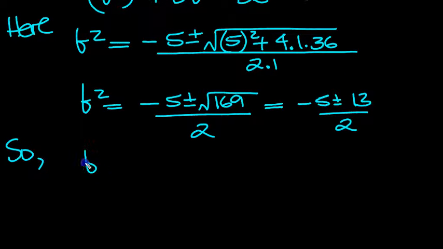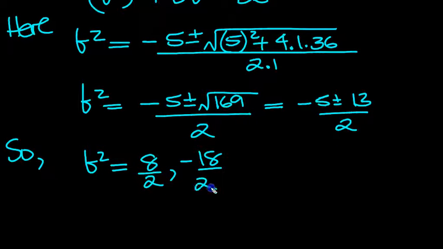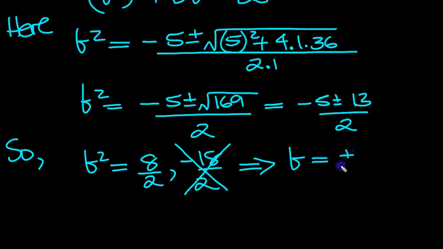So b squared is equal to minus 5 plus 13 is 8 over 2, and then we've got minus 5 minus 13 is minus 18 over 2, but that is not possible because b squared is real. This is 4, so square root both sides, we get b is equal to plus or minus 2.